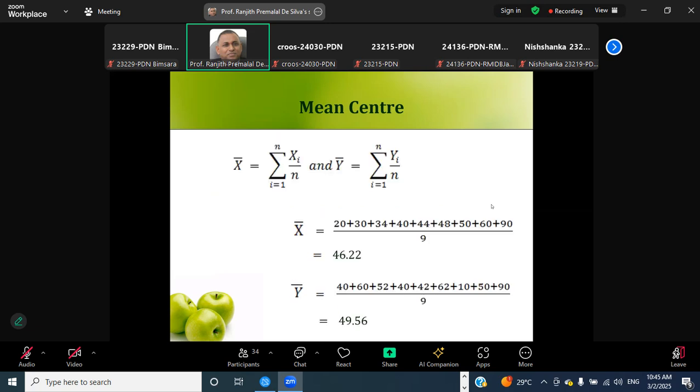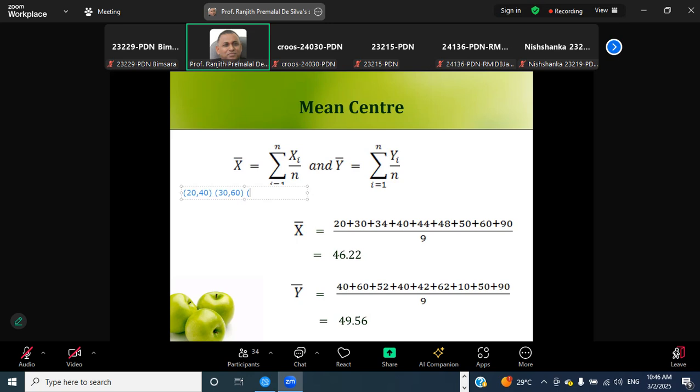Okay. So if you go to the calculation example, we have a few coordinates: 20, 40, 30, 60, 34, 52. Those are the coordinates. So if I write the coordinates here, we have the first coordinate 20, 40. The second coordinate is 30, 60.